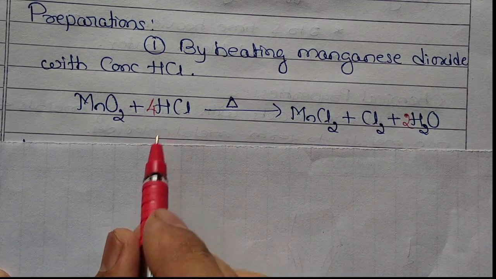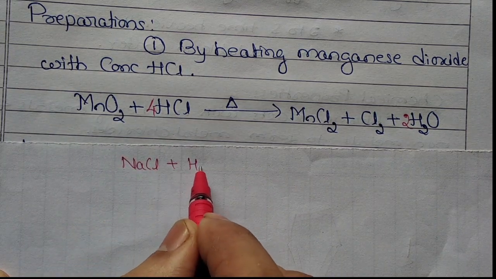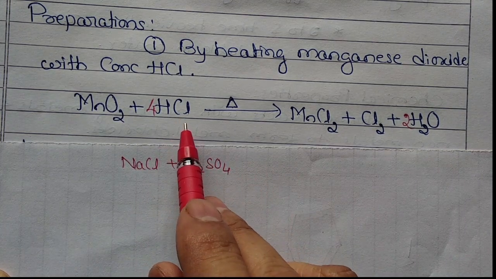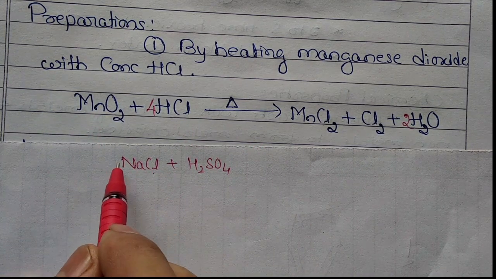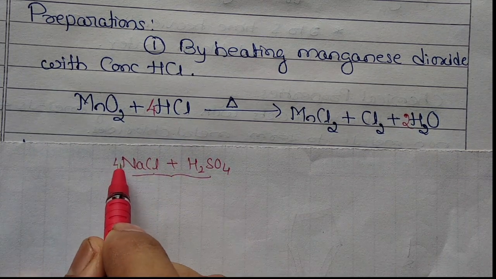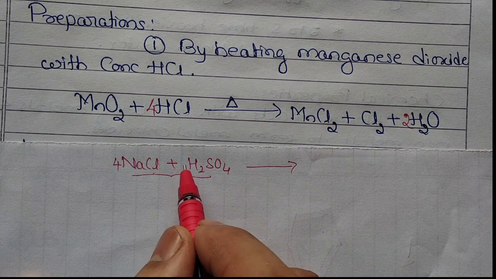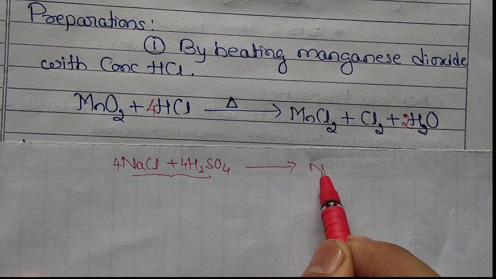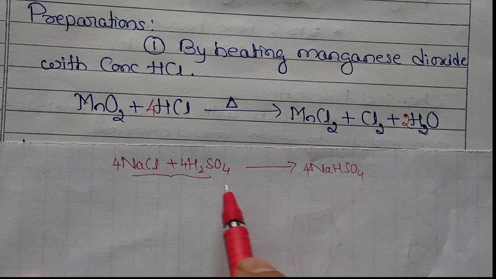Instead of this HCl, we can use sodium chloride, NaCl, and sulfuric acid, H2SO4. Chlorine is required, so chlorine is obtained from this mixture. MnO2 remains the same. Here this mixture is used instead of HCl. So here we have 4 NaCl and 4 H2SO4, which becomes 4 NaHSO4.